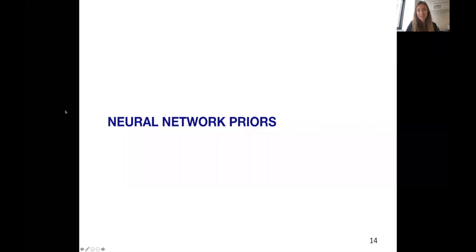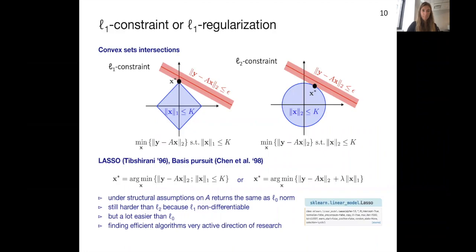If I could, this is Anirvan, I'm just making a comment. There were two bounds. One is the L1 norm under K, and the other was the norm of Y minus AX less than epsilon. If you do it component by component rather than the norm, then clearly that can be made into an LP problem, with slack variables for each.